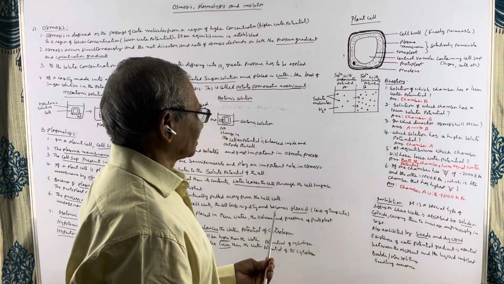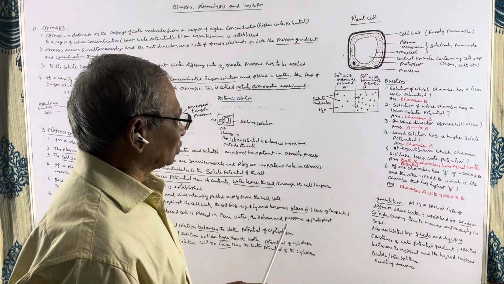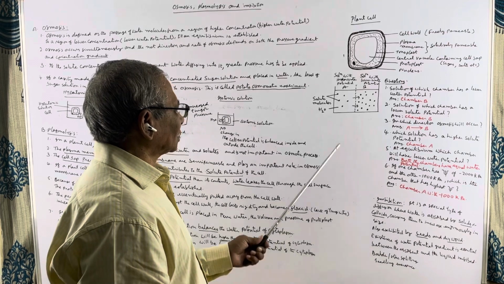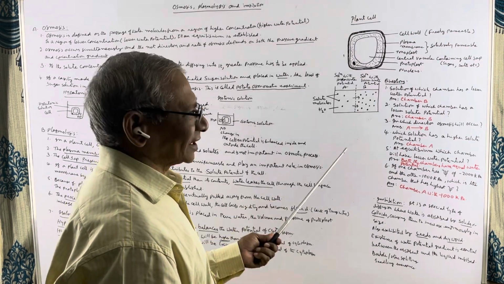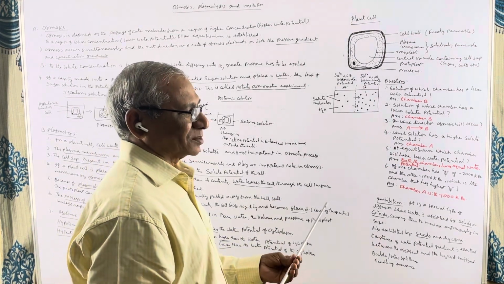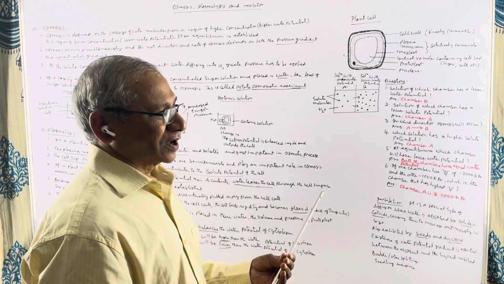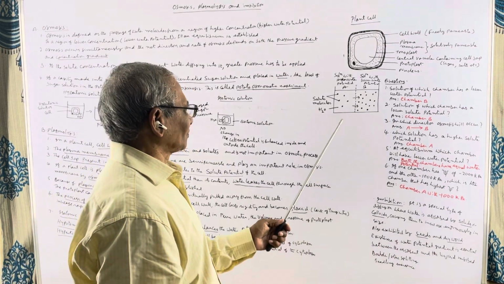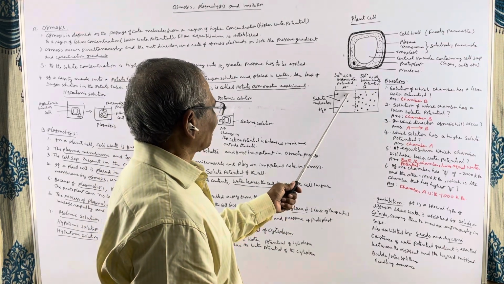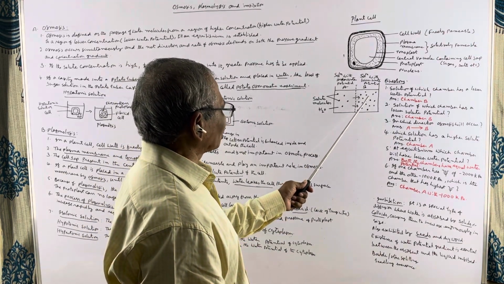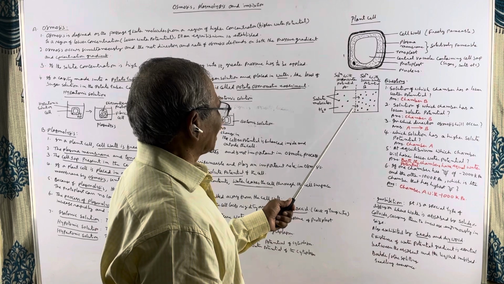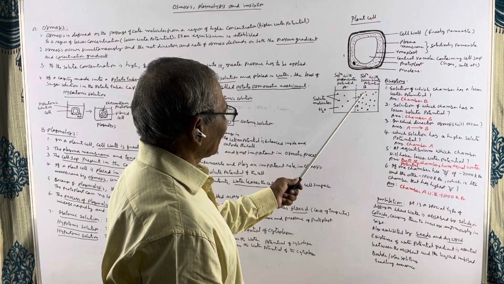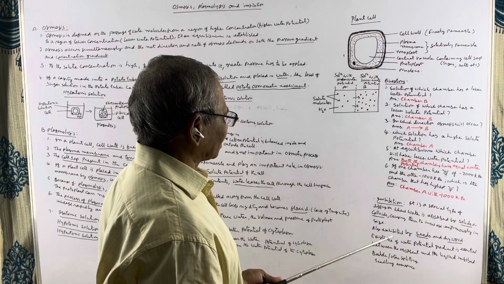Then the third question, in which direction does osmosis occur? The net movement of water will be from a region of higher water potential to a region of lower water potential. Higher water potential is in chamber A and lower water potential is in chamber B. So naturally, the net movement of water will be from chamber A to chamber B. Fourth question.